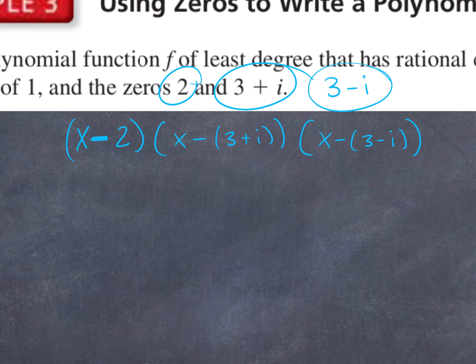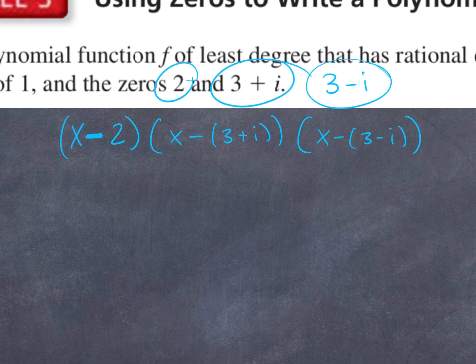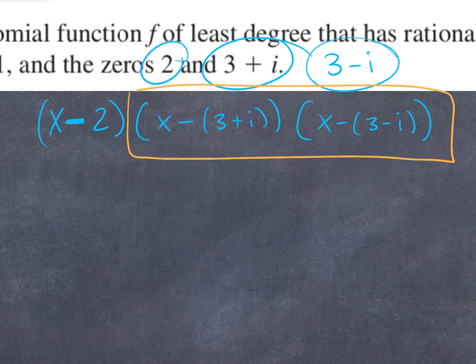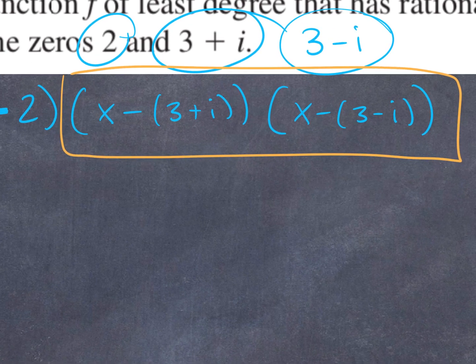All right, so which 2 am I going to work with first? The ones with the i's, the conjugates. We work with the conjugates first, just like we did in the last section. What do I have to do first to simplify? Distribute the negative.